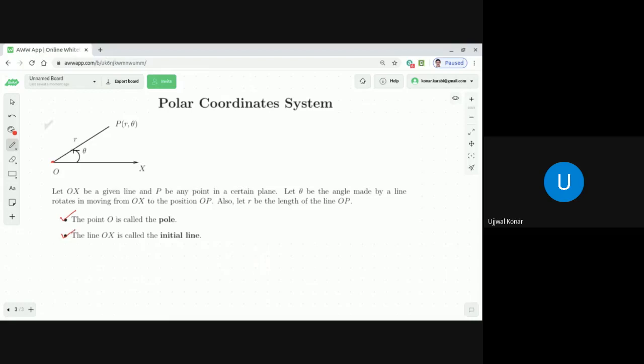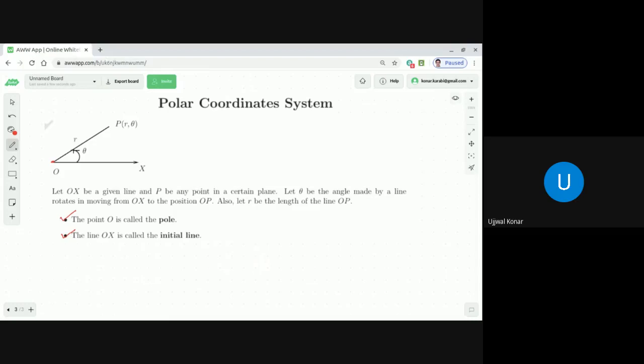To give an analogy with the Cartesian coordinate system, there are two fixed straight lines: one is called the x-axis, and the other is called the y-axis. Similarly, in the polar coordinate system, there is a fixed point O, called the pole, and the fixed straight line OX is called the initial line.